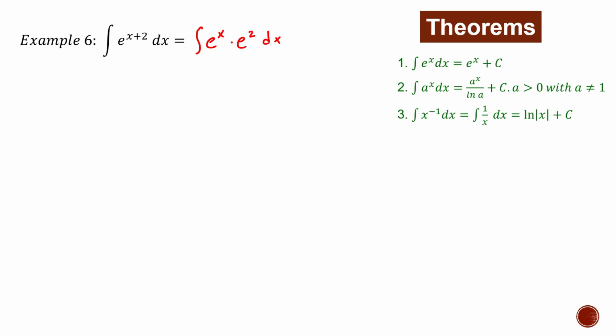So we can take that out. So e raised to 2 and e raised to x dx. And of course, we all know that the integral of e raised to x is just equal to e raised to x plus c. So e raised to 2 times e raised to x plus c, which means that the final answer is e raised to x plus 2 plus c.